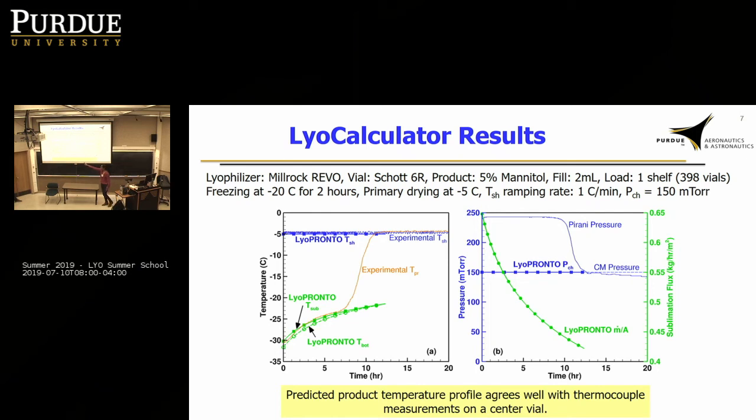There is an error there. I think the arrows for the temperature at the bottom and sublimation front are interchanged. Usually the bottom is at a higher temperature than the sublimation front, so it's just swapped. But you see that the bottom temperature is what the thermocouple is measuring, and it's pretty close to what we see in the experiments as well. So we know that our model works well.